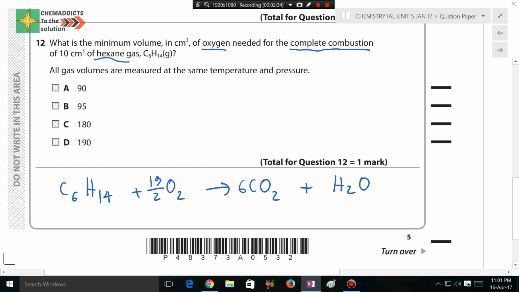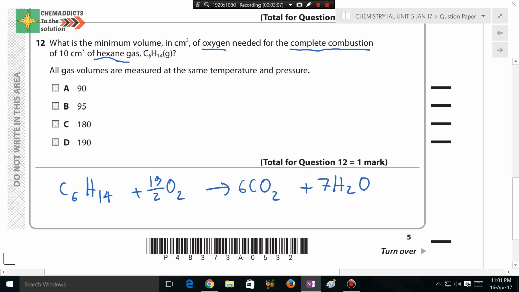Now let's balance out hydrogen. Here we have 14 hydrogen, so we're gonna have 7 water to get 14 hydrogen on the left and 14 hydrogen on the right. The only thing left is oxygen. Here we have 6 times 2, 12 oxygen, plus 7, that is 19 oxygen on the right, but we have 2 oxygen on the left.